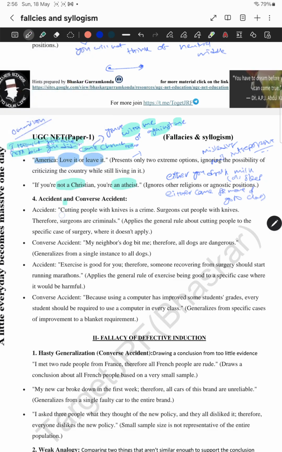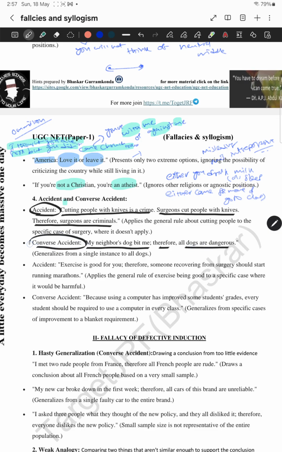Yeah. Cutting people with a knife is a crime. A surgeon cuts people with a knife, therefore surgeons are criminals. This is fallacy of accident. Don't confuse it with fallacy of converse accident. Now let us see the converse accident. My neighbor's dog bit me, therefore all dogs are dangerous. This is converse accident. All dogs may not be dangerous.